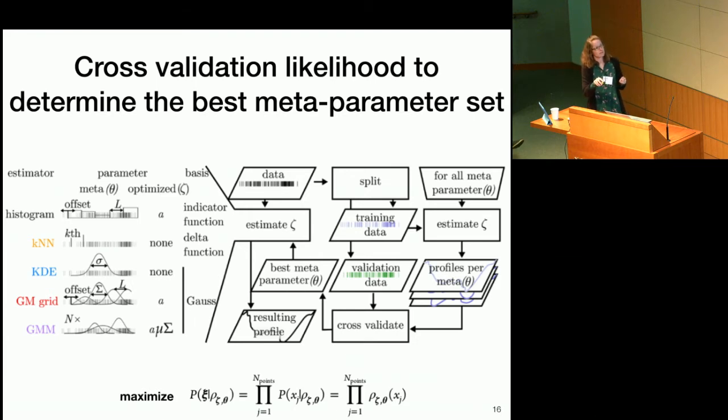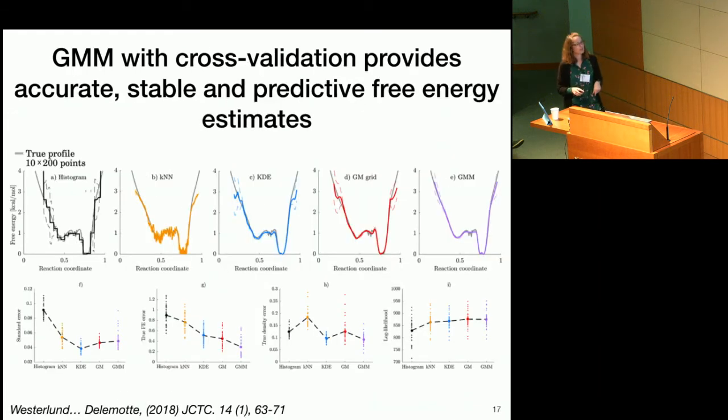Using this set of best meta parameters, you will estimate the probability density of the entire data to get the profile. And these are the results summarized very quickly, for the best profile, given the best set of parameters for the 5 different estimators. Here on these plots, you have the standard error for each estimator, the true error to the free energy and the true error to the probability density, as well as the log likelihood.